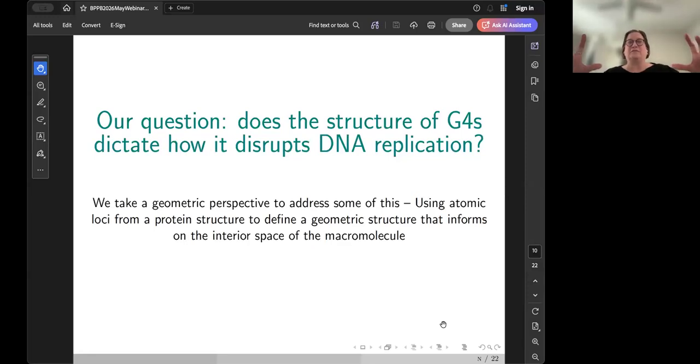Our main question, just to make it quite clear what I'm talking about, is how the structure, as in the shapes of those G4s, can dictate how it disrupts DNA replication, and how we're going to use information about structures where these things are present, because that allows us to look at them geometrically, and get some information about the interior space of the various proteins in the replisome, what those macromolecules look like on the inside, and how these things might be affecting the types of disruption that they do.